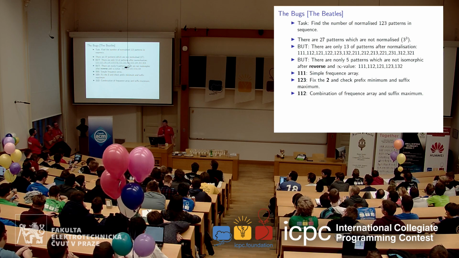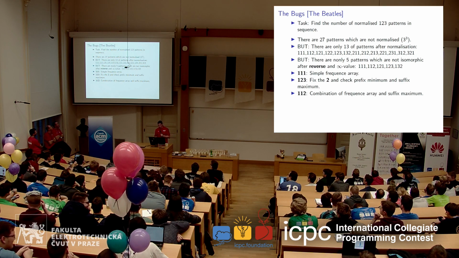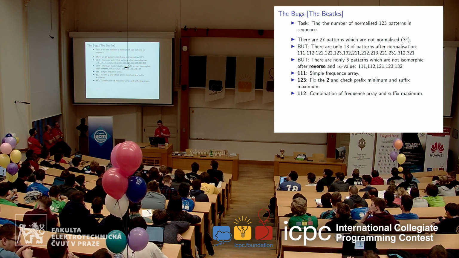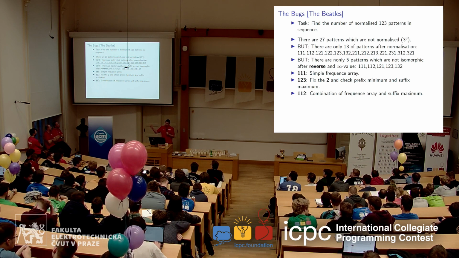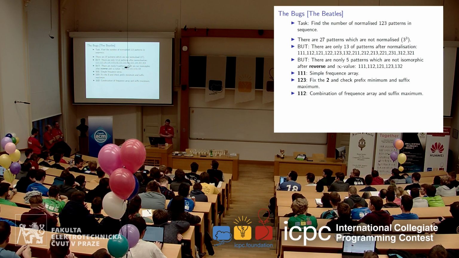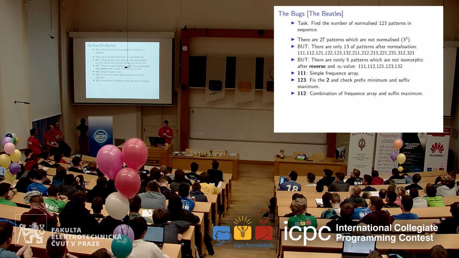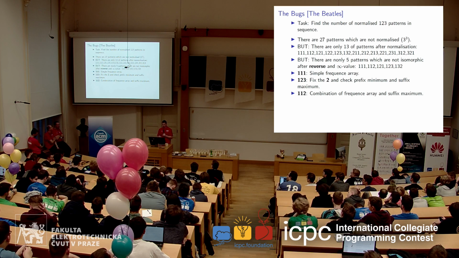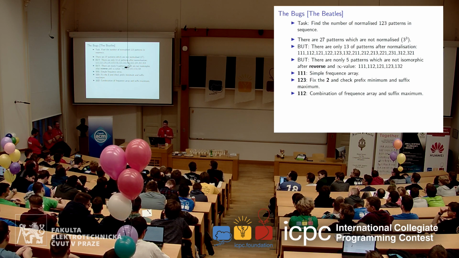For the 1, 1, 2 combination we could also use the frequency of the array and maximum. So we sweep the maximum from the left and the frequency, also the maximum from the right, frequency from the left, and check for each middle one whether there are the 2 things around it.